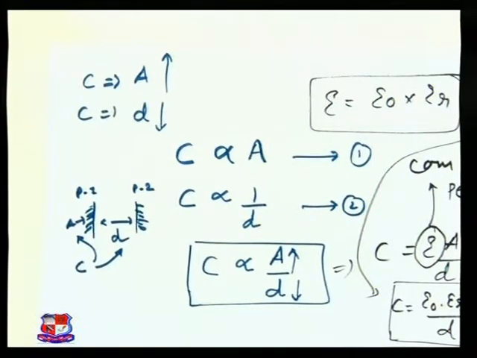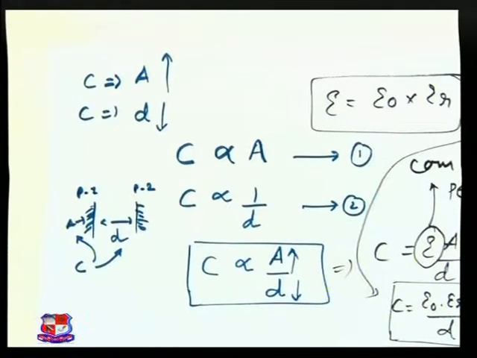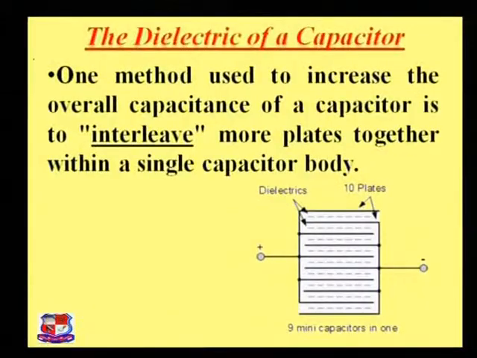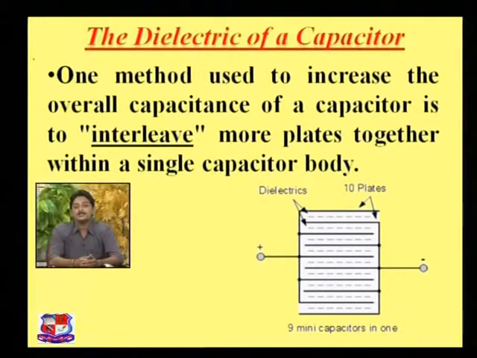If we want to increase the area of the capacitor, then we have to put a number of parallel plates together. If you increase the number of parallel plates, then you can achieve higher capacitance, and this slide shows that. Here you can see that 10 parallel plates are used.